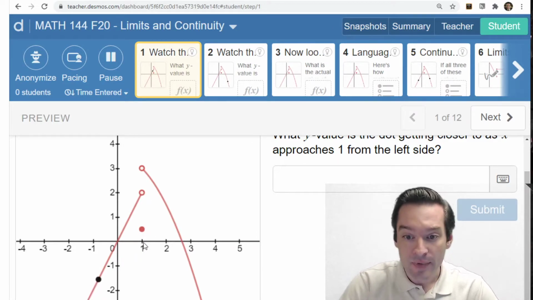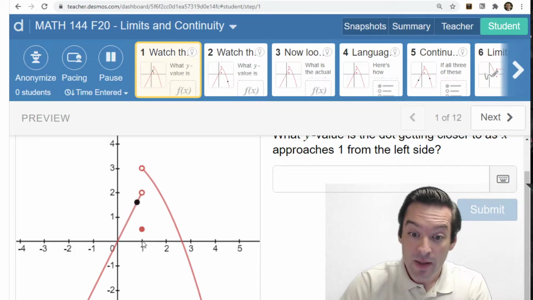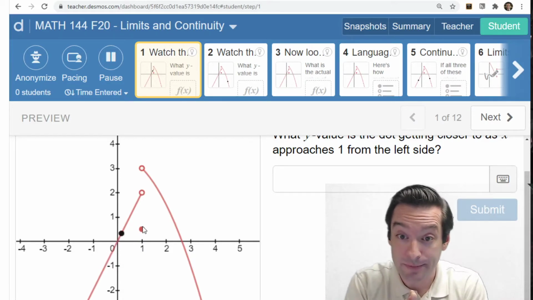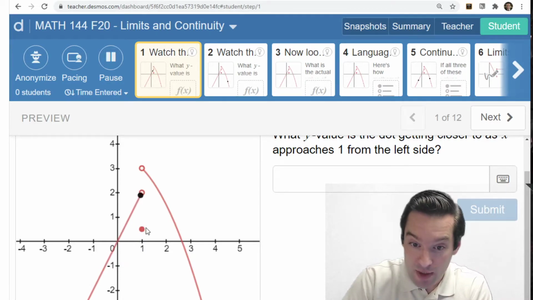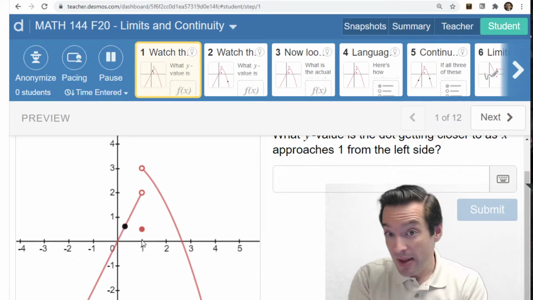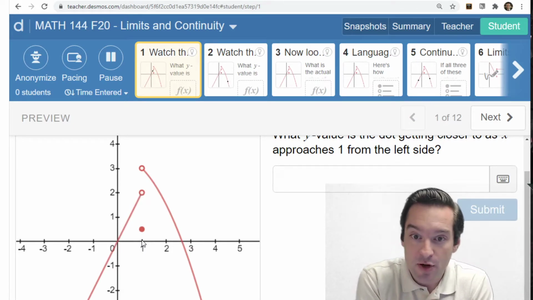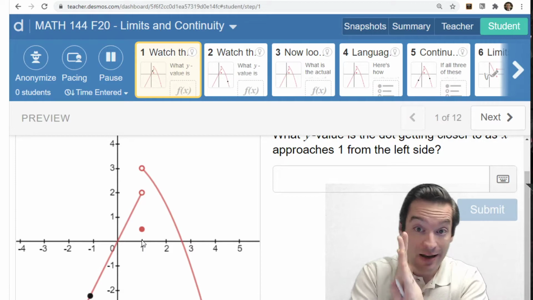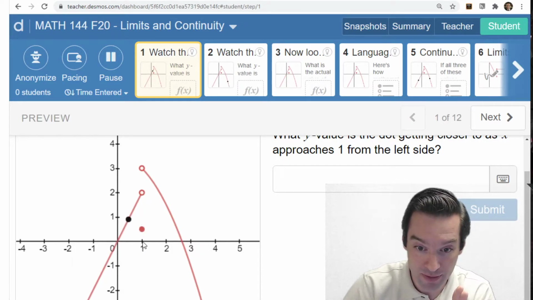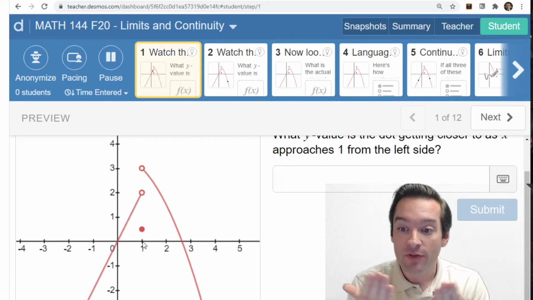If I were to evaluate the value of this function at x equals 1, the value that it would spit out would be the y-coordinate of this point on the graph, which lies directly above x equals 1. So f of 1 is going to be that point on the graph which lies above the x value of 1. But the limit is an answer to the question, how is this function behaving not at x equals 1, not right here above the point 1 on the x-axis, but very close by.